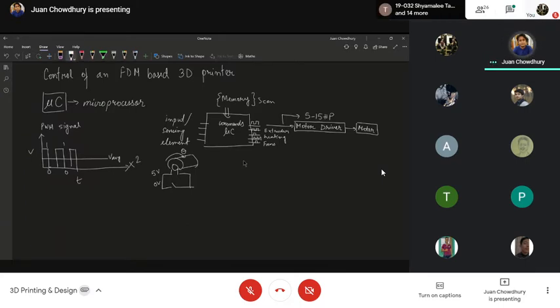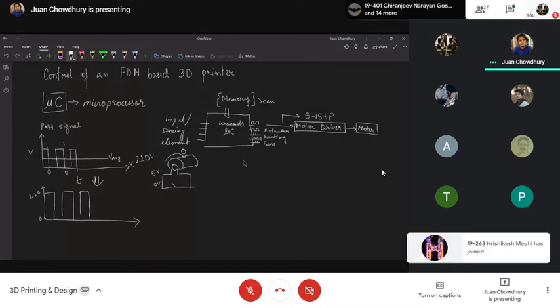This will of course give you a voltage profile that will fluctuate between 220 volt and not necessarily zero, but towards zero. If you multiply this, you get this sort of a voltage profile, which is the work of a motor driver. So fundamentally, beneath a 3D printer, there's a motor driver which is connected to the motor, and it is being controlled by a microprocessor.